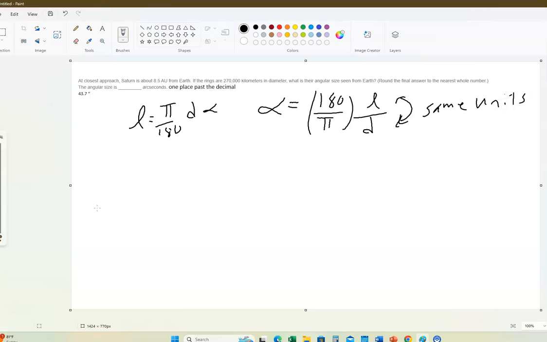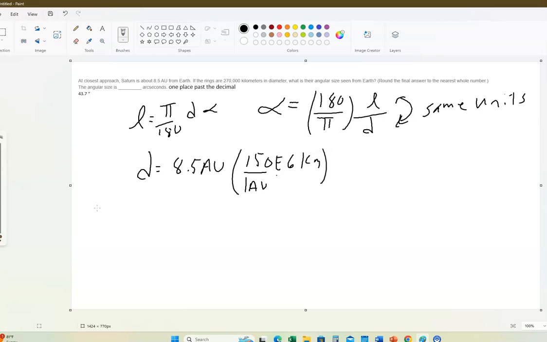All right. Well, they give us the L in kilometers, 270,000 kilometers. So let's convert the distance to Saturn. The distance to Saturn they give us as 8.5 astronomical units, and we know that in 1 AU there are 150 million, 150 times 10 to the 6th kilometers.